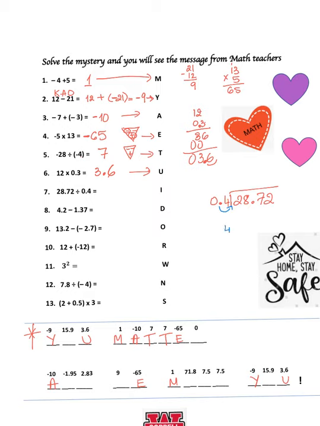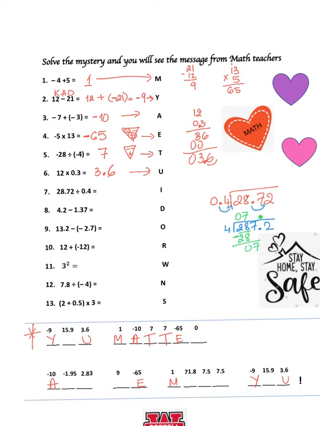What we do for the divisor, we have to do for the dividend, move one decimal. So we have 287.2 divided by 4. 28 divided by 4, and put the decimal on top. 2 divided by 4, you can't do that. 28 divided by 4, you got 7. 7 times 4, 28.